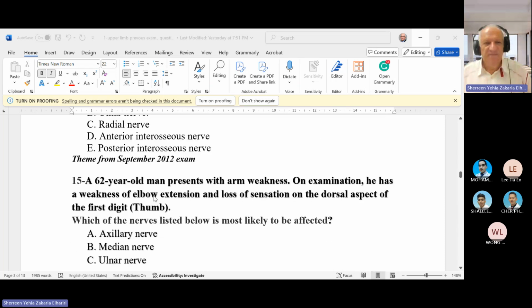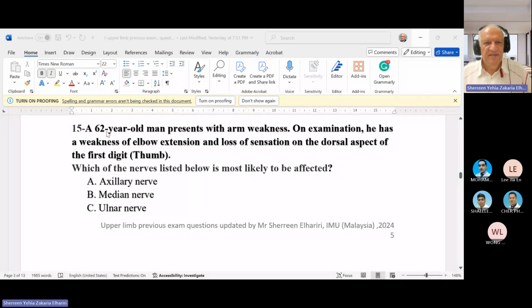Okay, next question. A 62-year-old man presented with arm weakness. On examination, he has weakness in elbow extension. So elbow extension is related to the radial nerve. Loss of sensation in the dorsal aspect of the first digit.